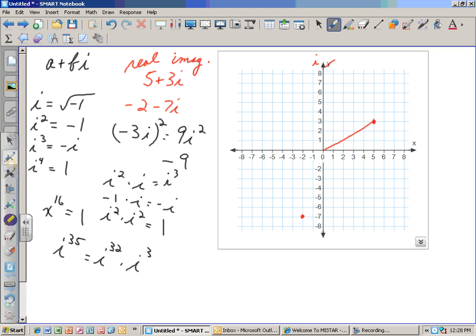And what's i to the 32nd? 1. And what is i cubed? Negative i. 1 times negative i is negative i. So i to the 35th power is equal to negative i. i to any power is going to give you one of these answers: either i, negative 1, negative i, or 1.